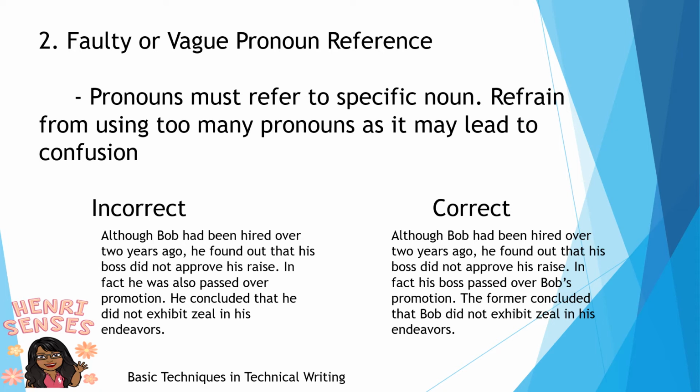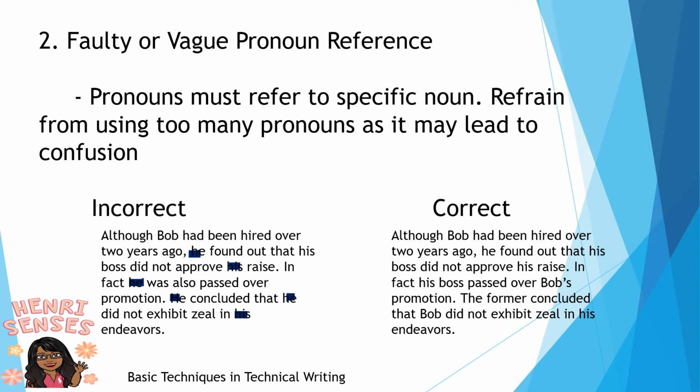Although Bob had been hired over 2 years ago, he found out that his boss did not approve his raise. In fact, he was also passed over for promotion. He concluded that he did not exhibit zeal in his endeavors. From this paragraph, I want you to take note of the excessive use of pronouns.